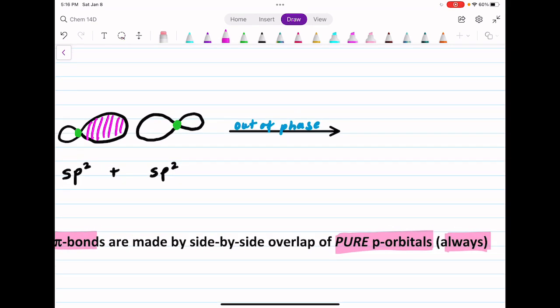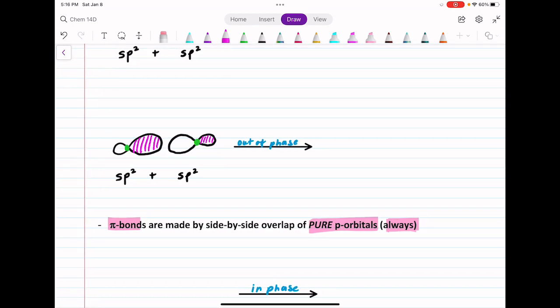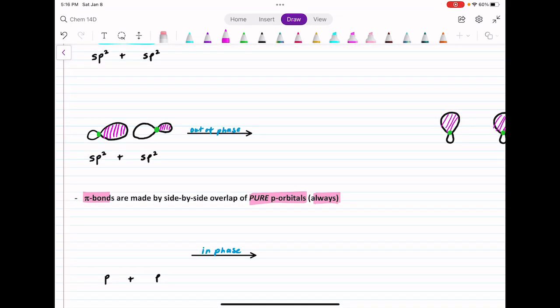So that means I need to make this one here. Okay. So now if I do it this way, now what I'm going to get, draw my two nuclei.